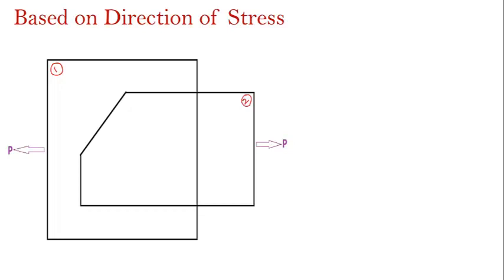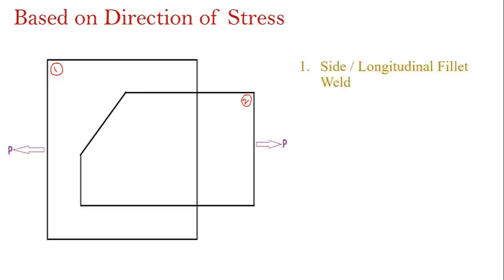You can also find a load P applied on either side of the plate. Based on the direction of the load applied, we have three different types of fillet welds.